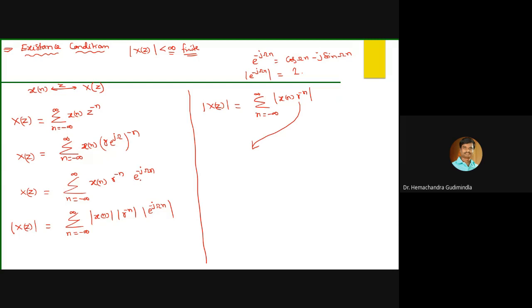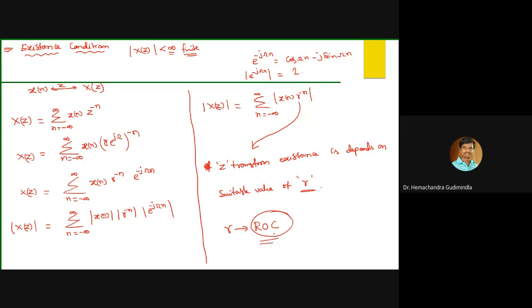So the existence of the Z transform depends on a suitable value of small r. This is very, very important. What is meant by this small r? It is nothing but ROC, that is, region of convergence.